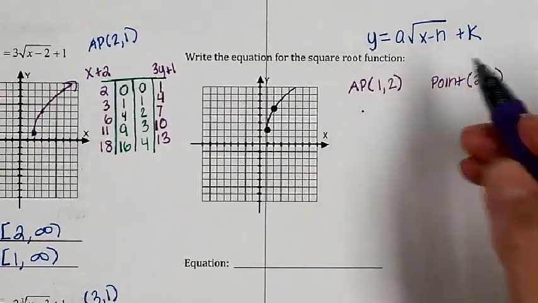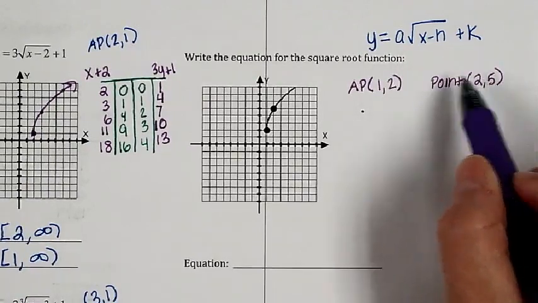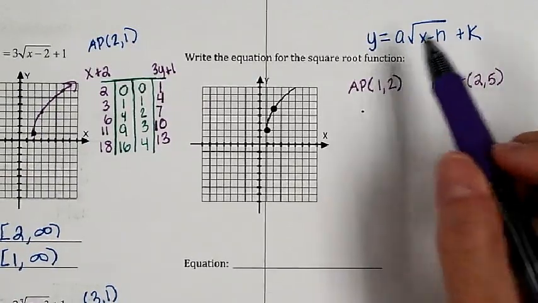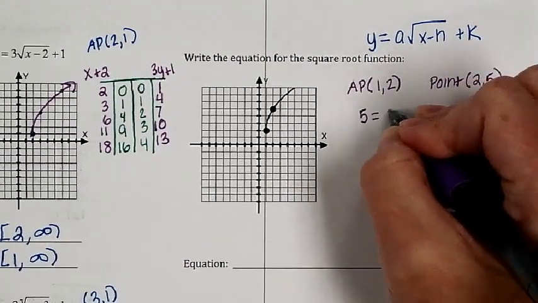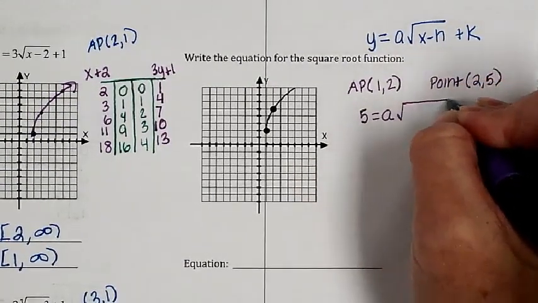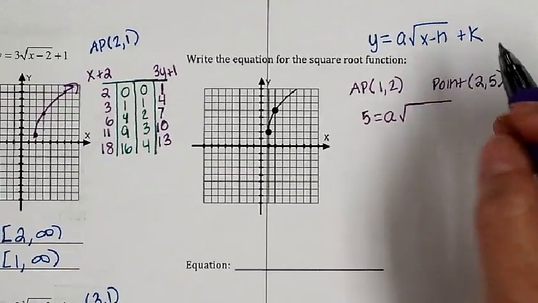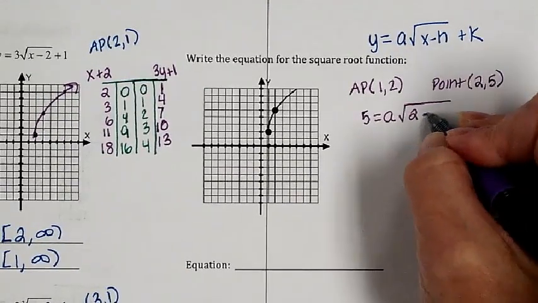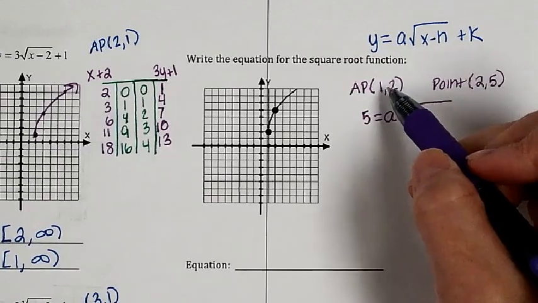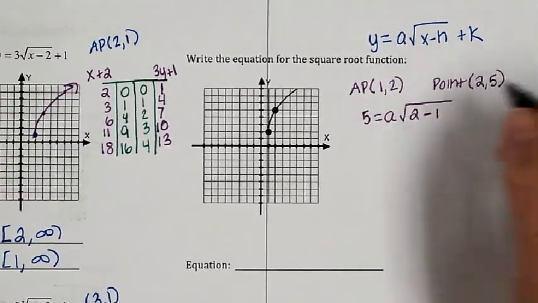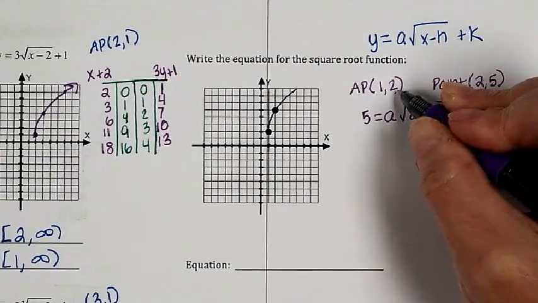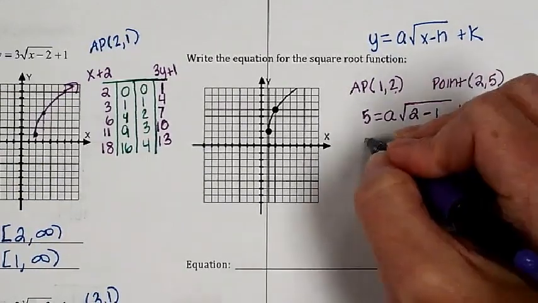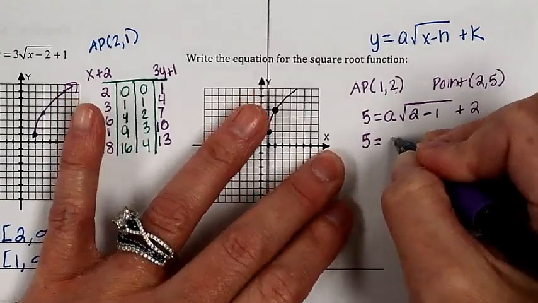So y value of the point is 5 is equal to a square root of x value of the point, 2, minus x value of the anchor point, 1, and then plus y value k, the y value of the anchor point, 2. So 5 is equal to a, 2 minus 1 is 1, so square root of 1 plus 2.